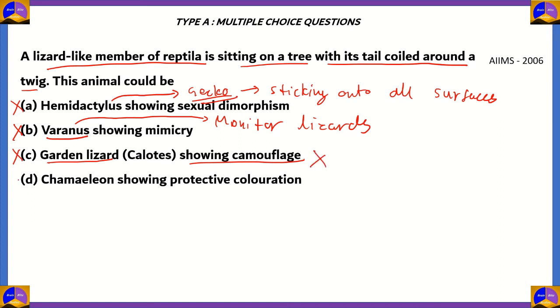The right answer, therefore, is option D, chameleon, showing protective coloration. Chameleon, also known as georgette, shows protective coloration when sitting on a tree with its tail coiled around a twig. Chameleons are associated with protective coloration and camouflage because they can change color. So therefore option D is the correct option here.